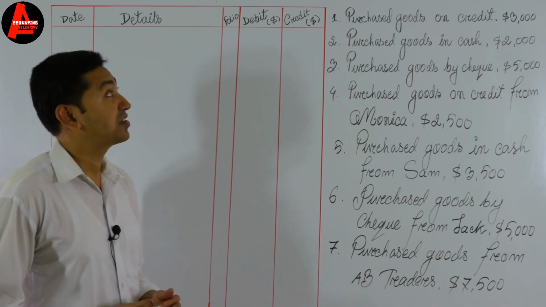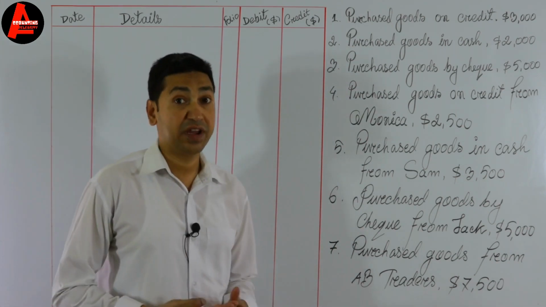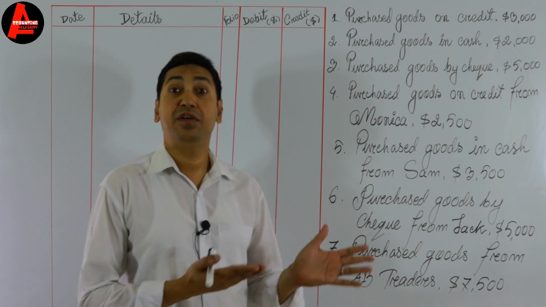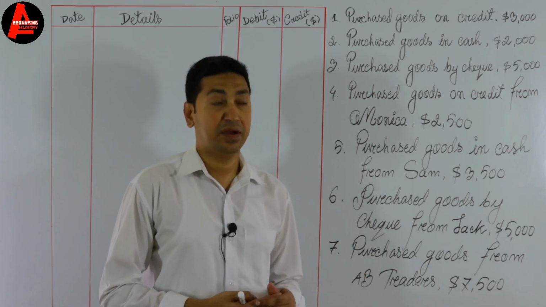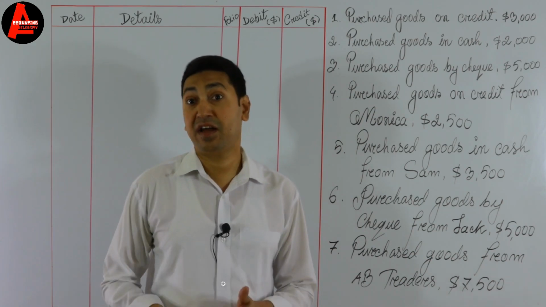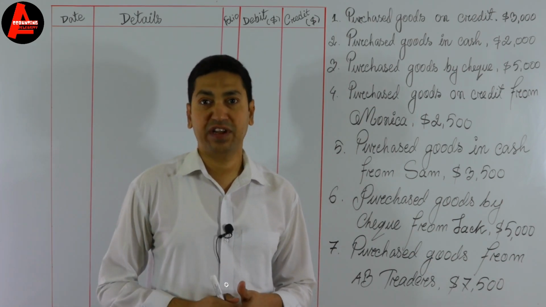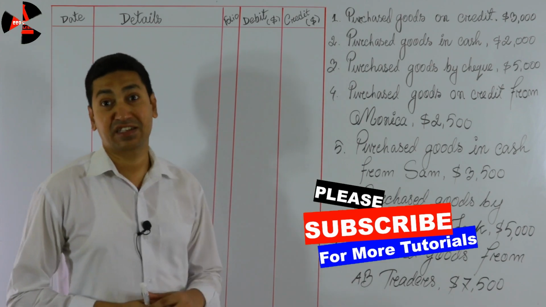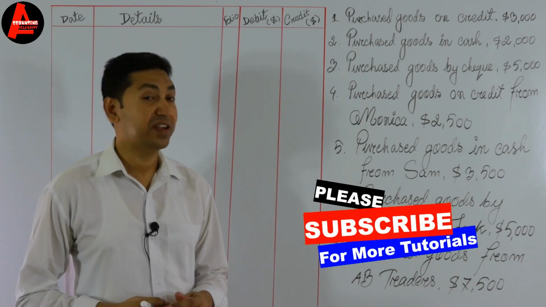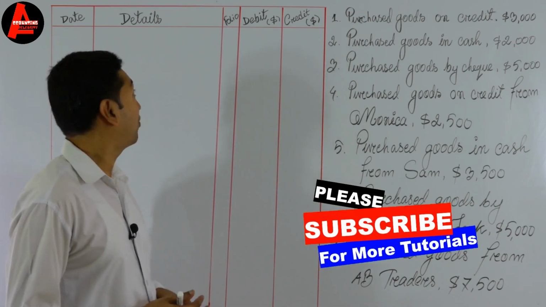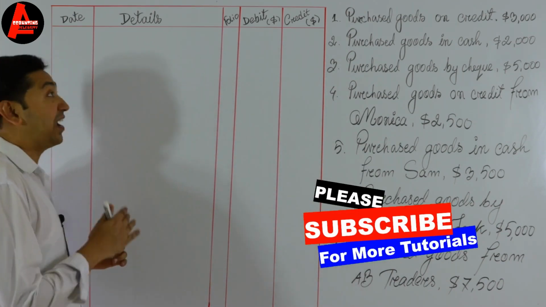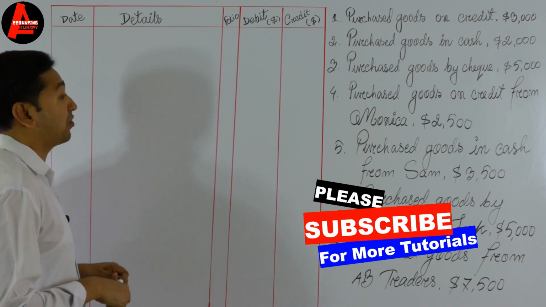Purchase is an expense, it is a nominal account, and the rule for nominal account is the expense to be debited and the incomes or gains to be credited. Here purchase is an expense, so it must be debited. We wrote numbers 1 2 3 4, so we will not write the date, we just write the number.